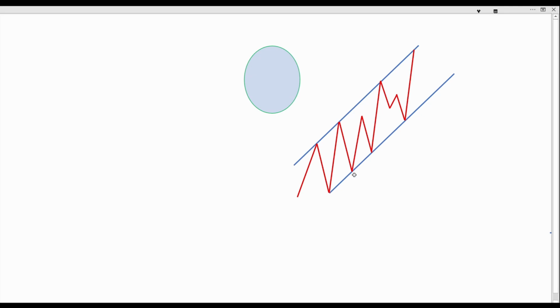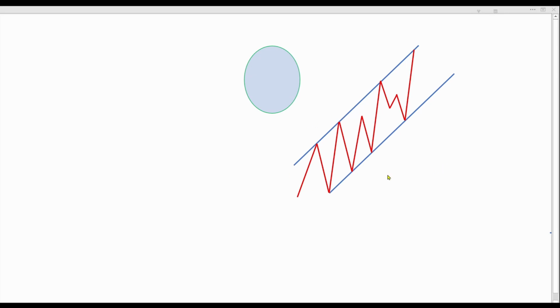We have one here, 2, 3 points here, and on the upside, at least 2 or 3: 1, 2, and 3. So after checking this, we can see it is a consolidated channel. It's already validated, so we can trust it's reliable and confirm this is an uptrend.